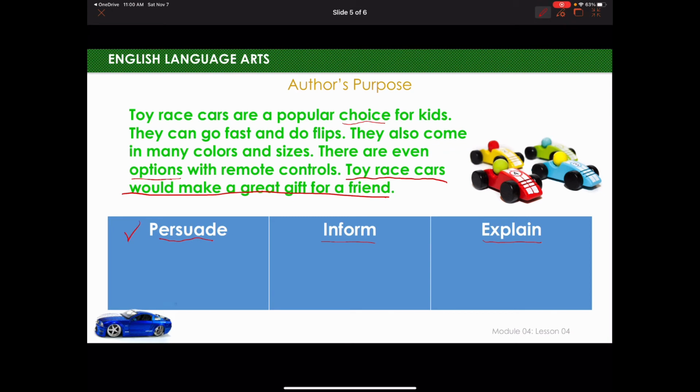What was he trying to persuade us to do? Let's look back at that last sentence. Toy race cars would make a great gift for a friend. I think the author was trying to persuade us to buy a toy car as a gift.